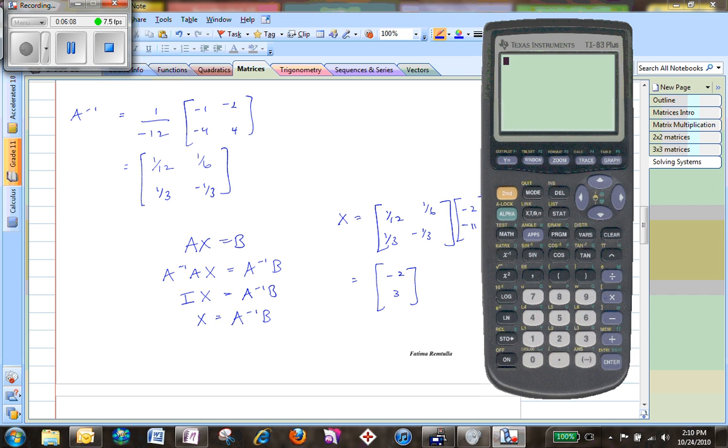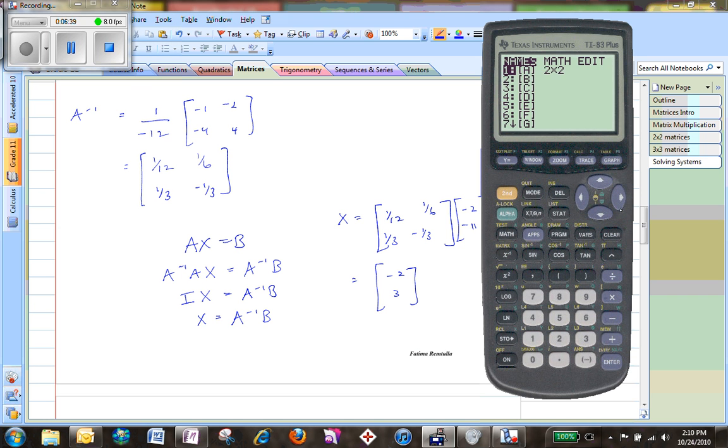If I wanted to do this entire question in my graphing calculator, I could. So walk through the steps with me. Second matrix here, I want to go over to edit matrix A. Matrix A is a 2 by 2 matrix. Its entries include 4, 2, 4, and negative 1. Quit out of there.